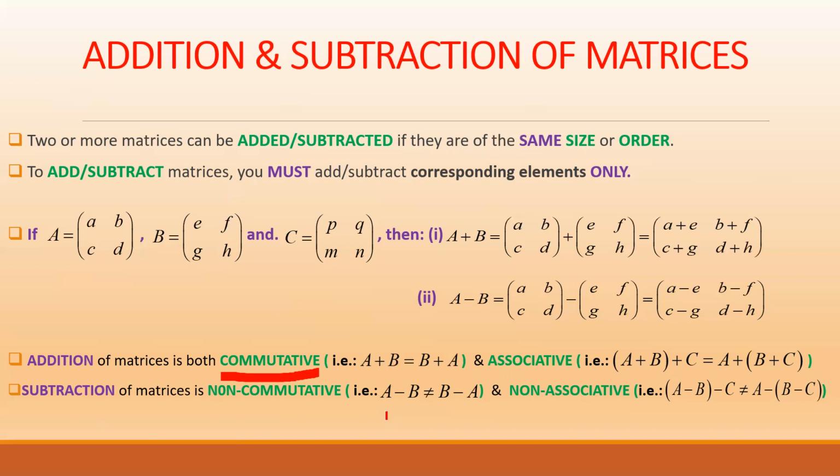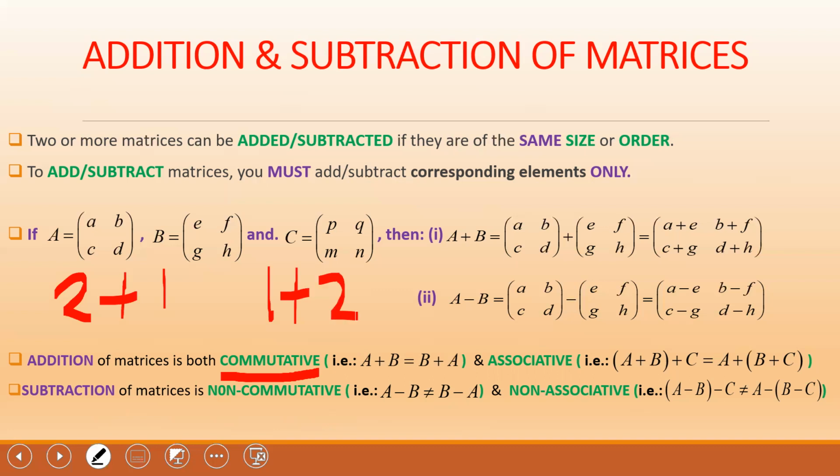So the commutative property of addition. We're looking at addition, so we want to find out if addition is commutative in the real number world. To find out if addition is commutative, it is basically saying if you add 2 plus 1 or 1 plus 2, would you get the same answer?